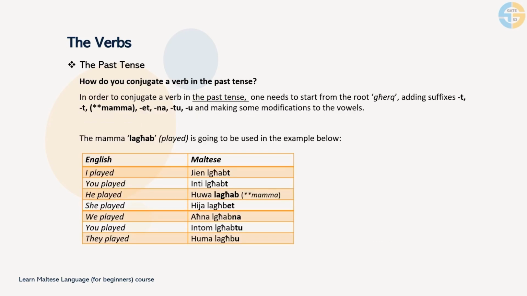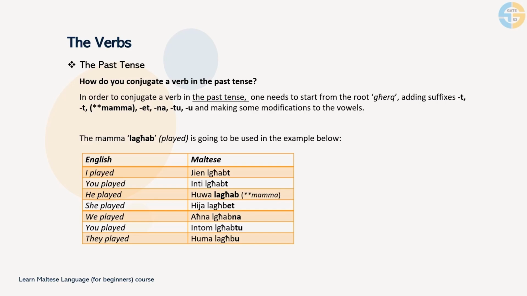So how do you conjugate a verb in the past tense? In order to conjugate a verb in the past tense, one needs to start from the root, the mamma, adding suffixes t, t, the mamma, et, na, tu, and u.